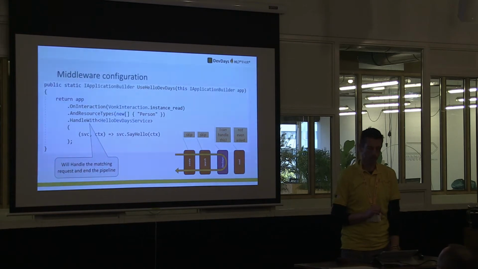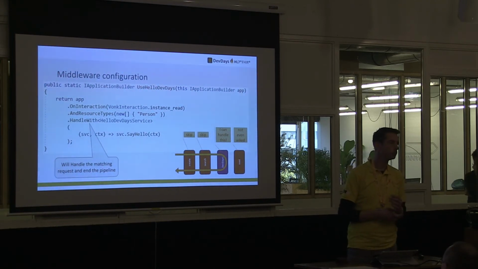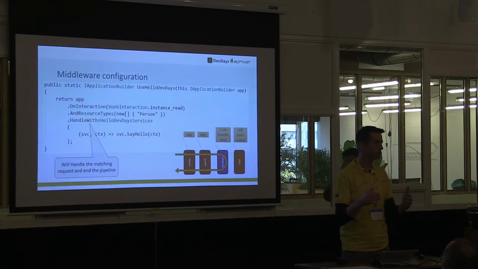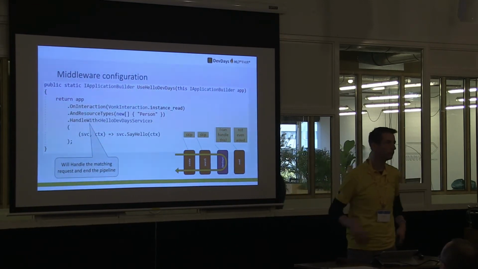But presumably you could have something which says, if it's an instance read on a person and the ID is thumbnail, inspect at that point, could you? Yeah, you cannot inspect the ID here. But you would do an instance read on person, and then in the service you check the ID. And then go on.